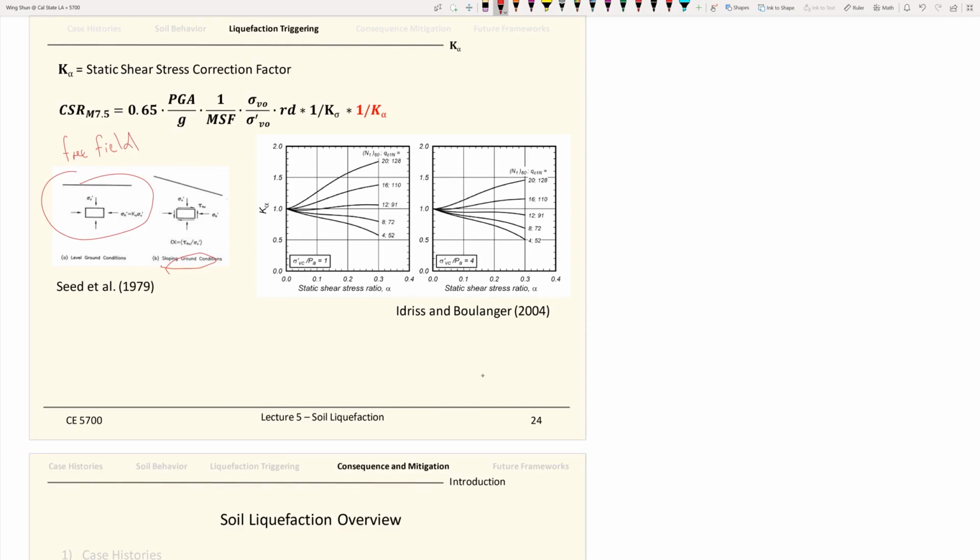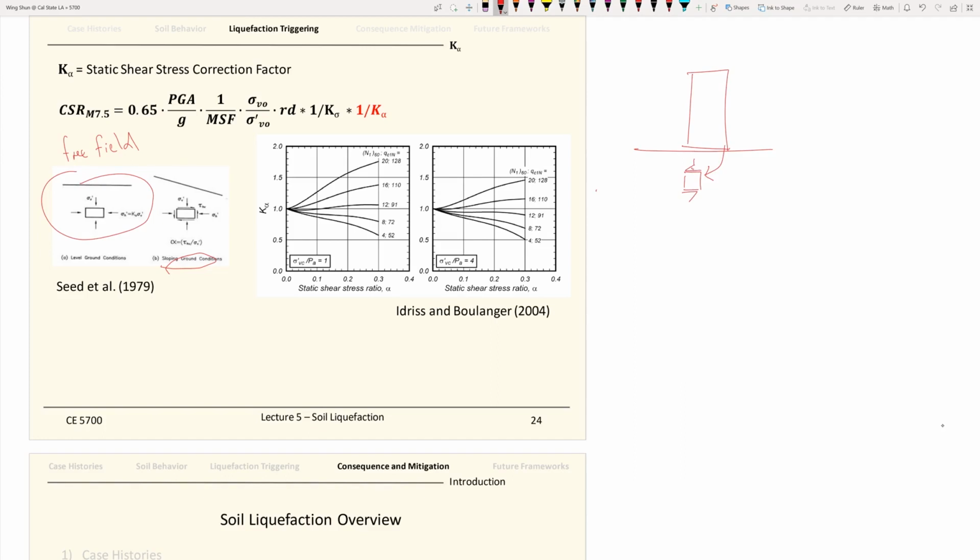Because in urban settings, very likely your project site has a building, and your building will be imposing a static stress on your soil elements. So you're adding shear stress on the soil elements.